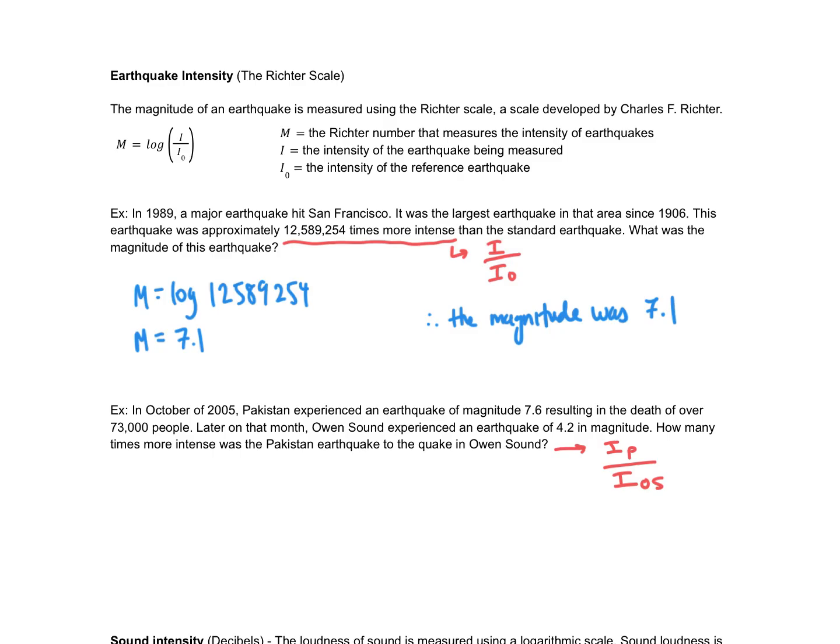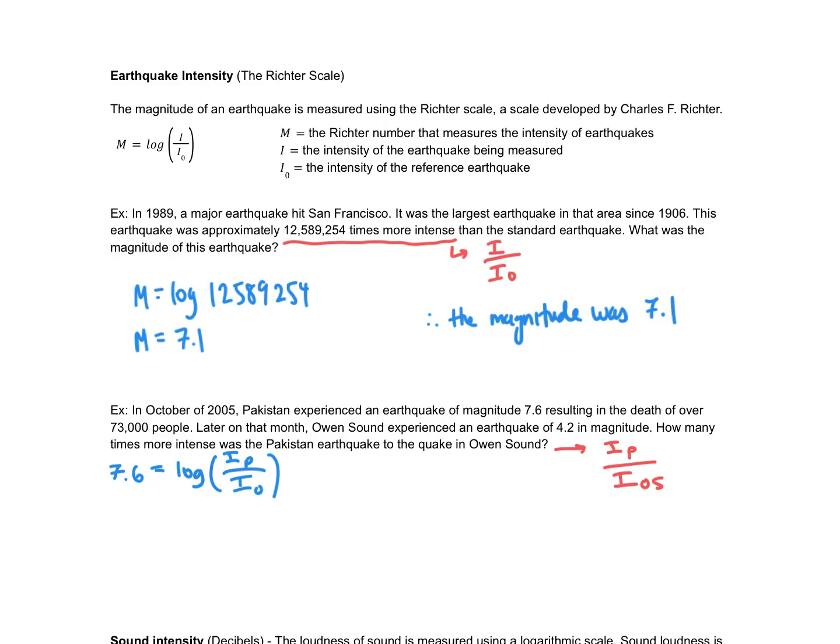So we want to find whatever this value is. This is going to take us two different calculations. I'm going to do one calculation using the magnitude of the first earthquake and then another for the second. So the earthquake in Pakistan had a magnitude of 7.6, so I'm going to replace m with that, and that is equal to log of the intensity of that earthquake relative to that reference earthquake. And here I want to isolate for the intensity of the Pakistan earthquake.